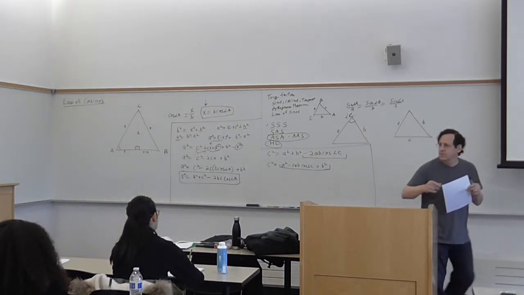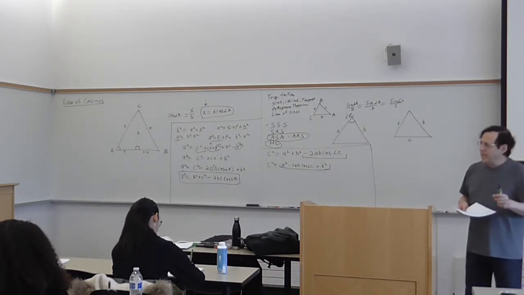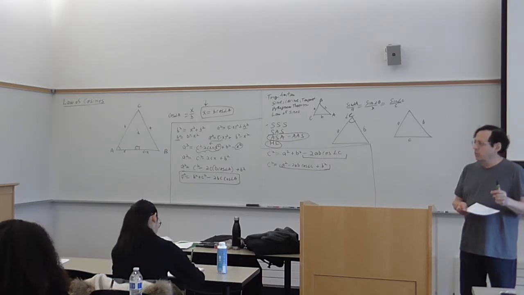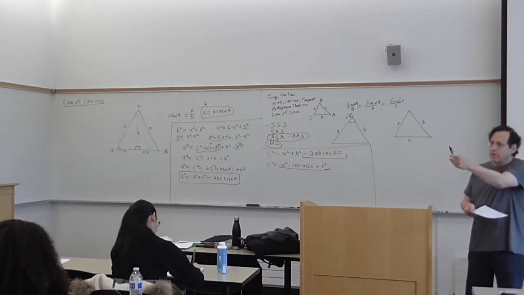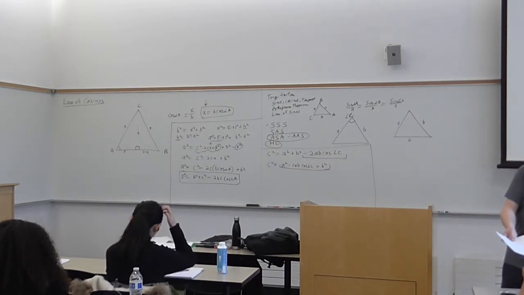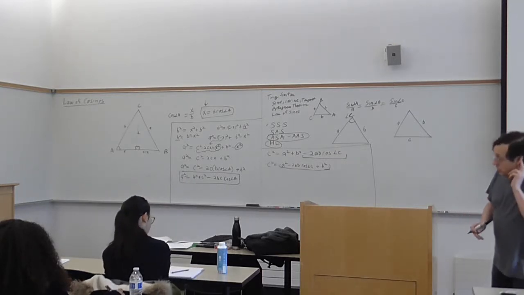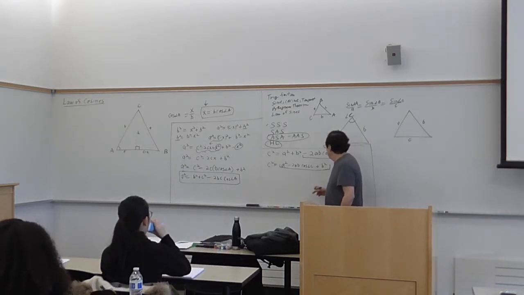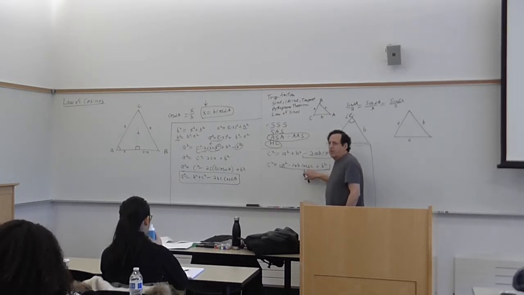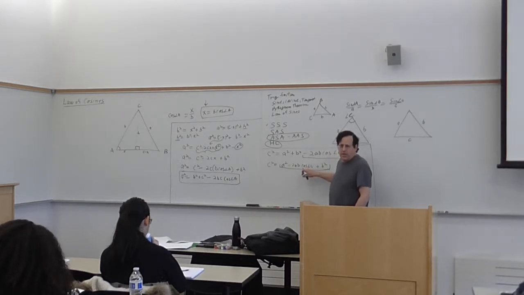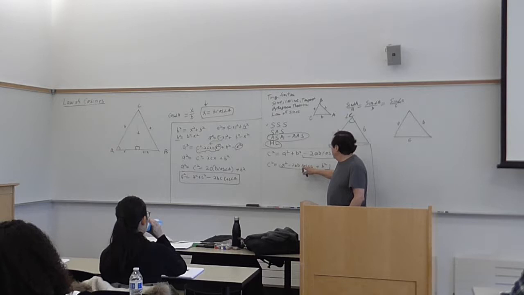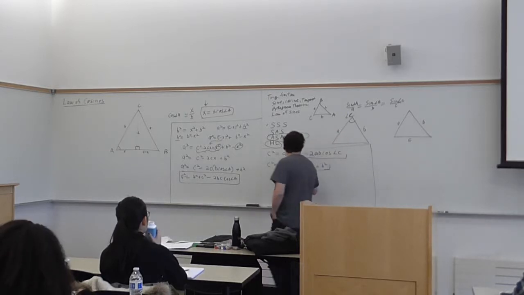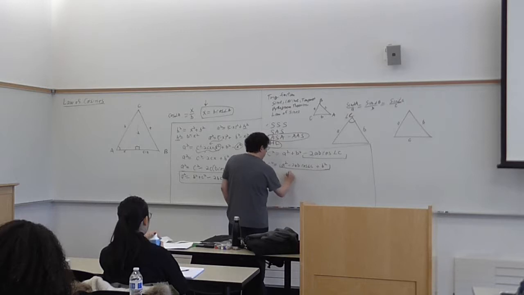Anyone? Yes? 180, maybe? I think it would be minus 1 at 180. I'm going to use that in a minute. Henrietta, did you have a different answer? At 0 and 360 degrees? At 0 and 360, yeah. But also 0, right? Okay, let's forget for a second what that would mean. But if cosine of c were 1, this would be a squared minus 2ab plus b squared. That would be just (a minus b) squared.